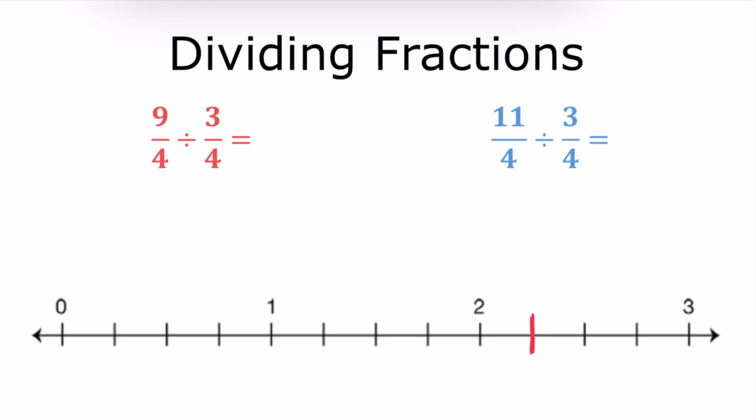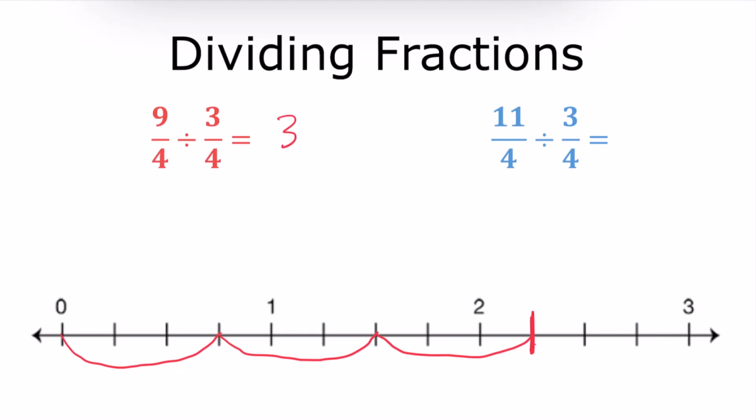So I'd say, okay, well, how many sets of 3/4 can I fit inside of this distance from 0 to 9/4? Well, I can definitely fit 1 group of 3/4, and I can also fit 2 groups, and it turns out that I can fit exactly 3 groups of 3/4 into 9/4. So my answer in this case would be 3.